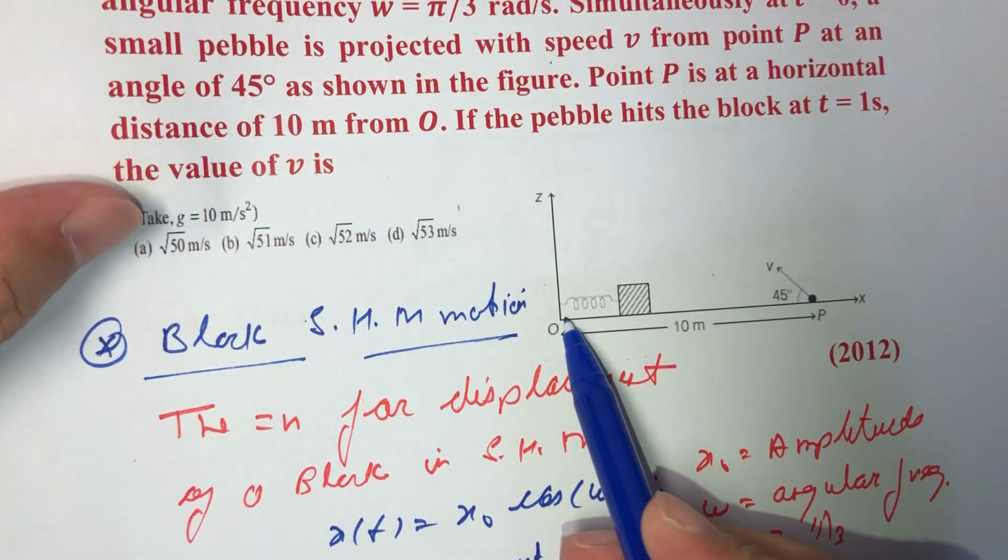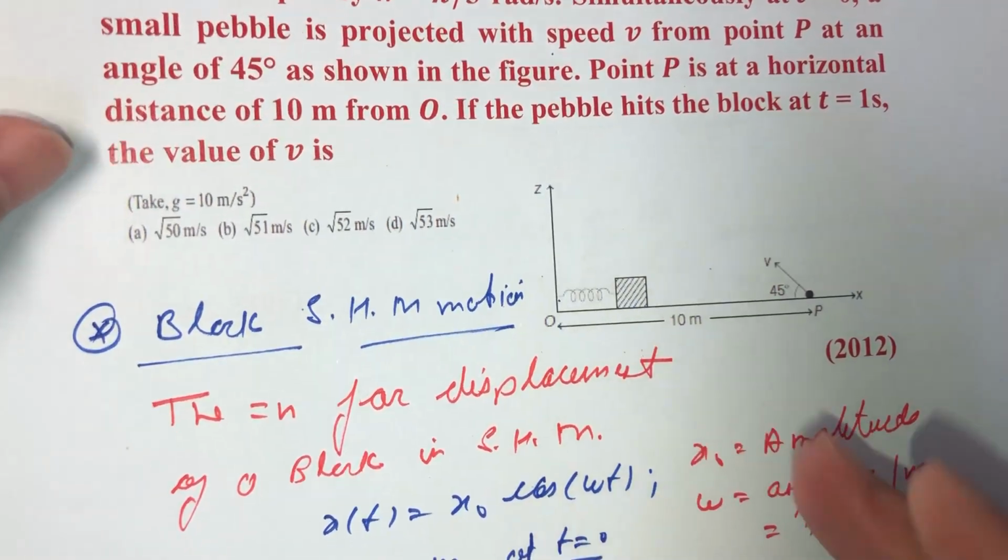And point O is the point where the spring is fixed.